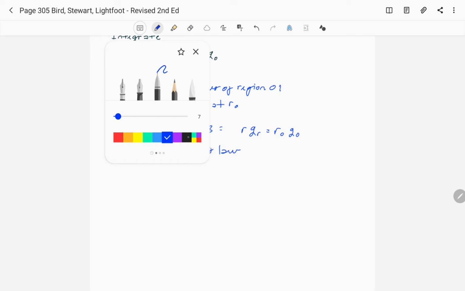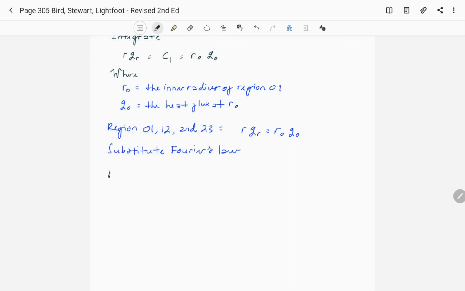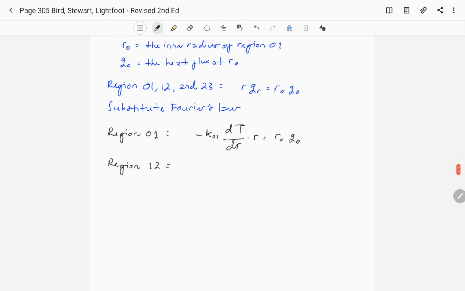If we substitute Fourier's law, then we can get for each region: minus K12 dT over dr times R equals R0 Q0.